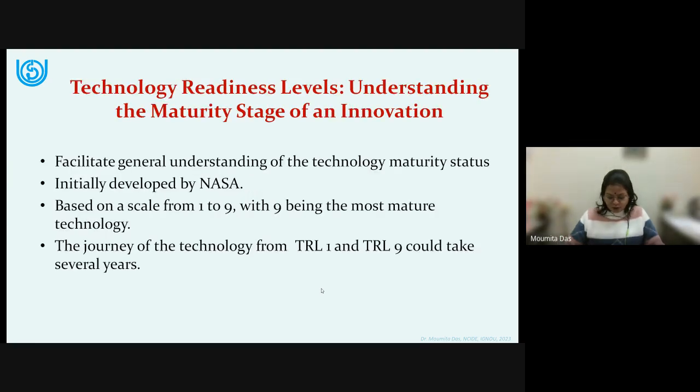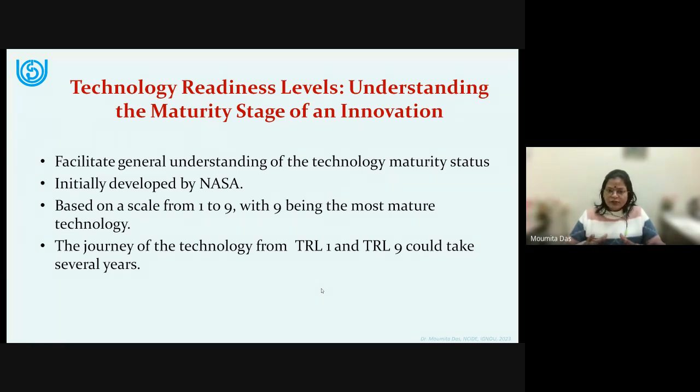So now let's move on to the technology readiness levels. What is the use, first of all, of technology readiness? Why is it there in the first place? When you go through different stages of your innovation, right from the idea to the startup to the market, you need to understand where you are, so that you can plan the next steps.